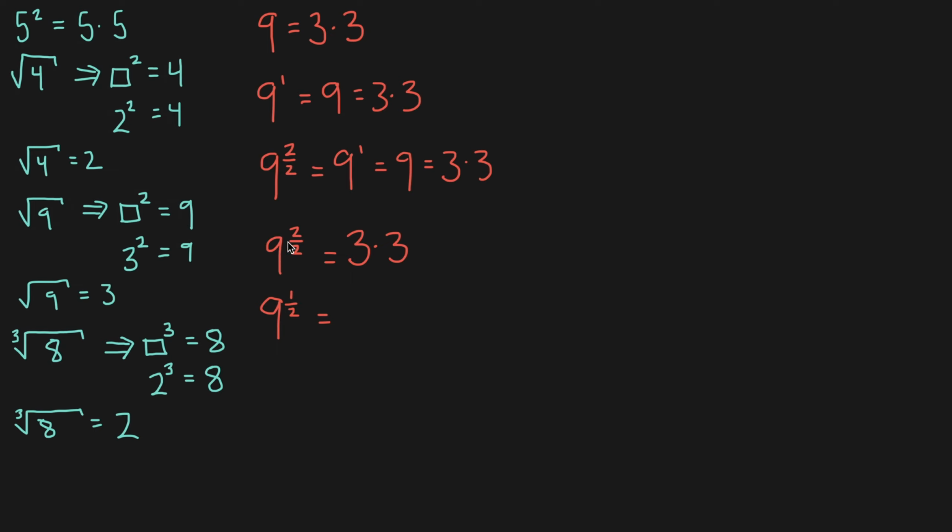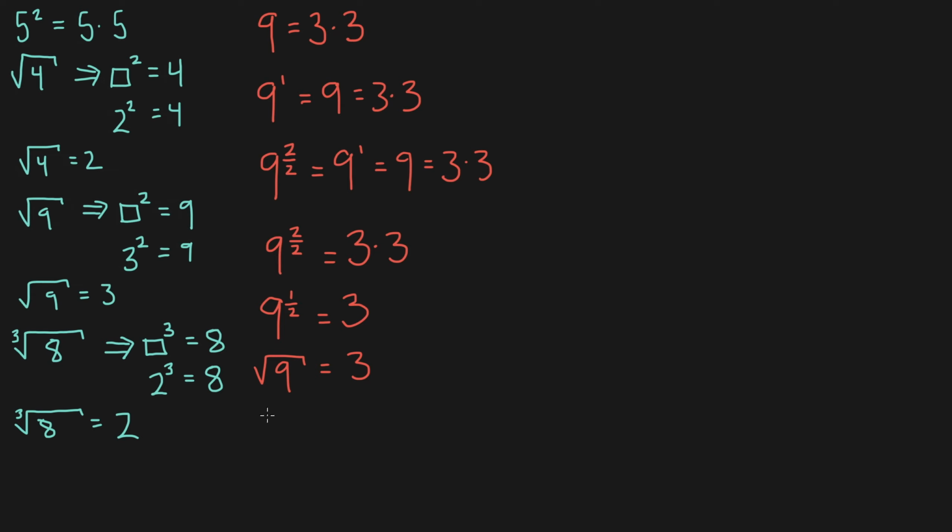Now I hope you've paused the video and thought about this for yourself for a second. If I have 9 to the 2/2 power, and that's equal to 3 times 3, and here I have 9 to the 1/2 power, then I'm only going to have one 3 here. So 9 to the 1/2 power is equal to 3. Now you may remember over here in this teal color that we found that the square root of 9 is also equal to 3.